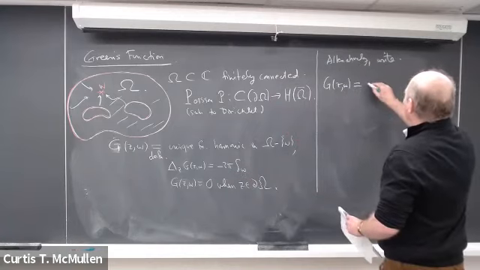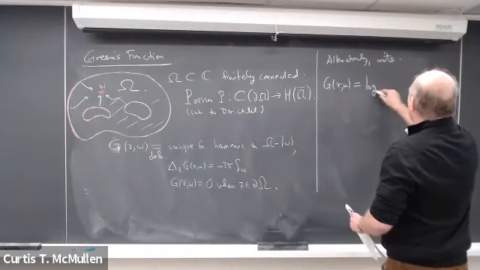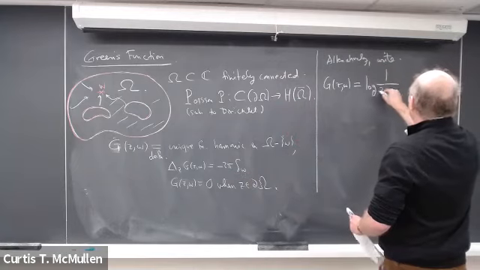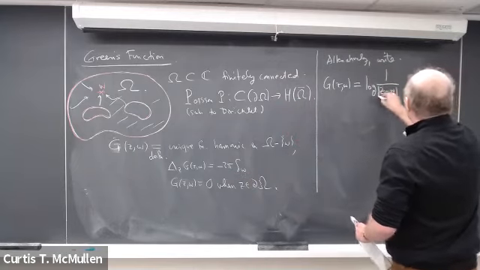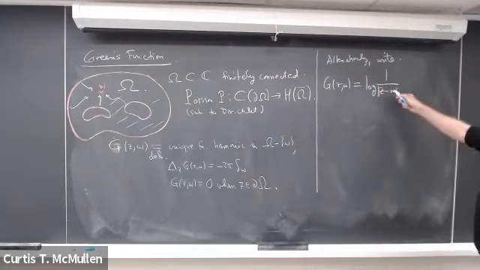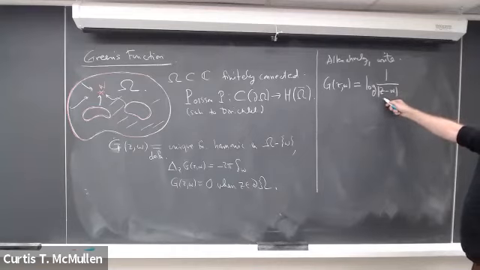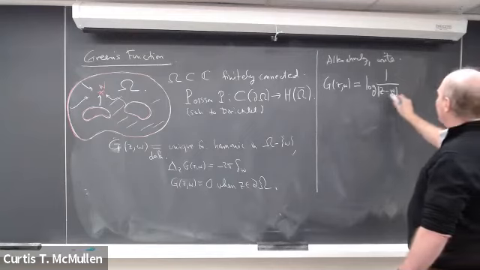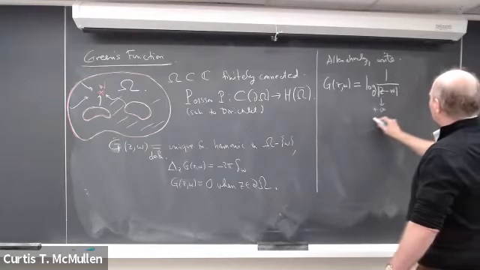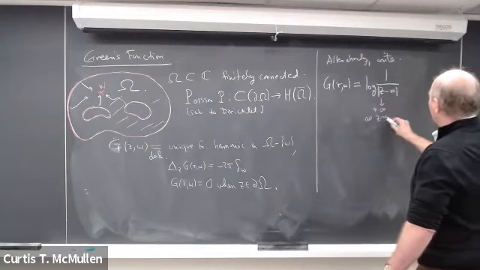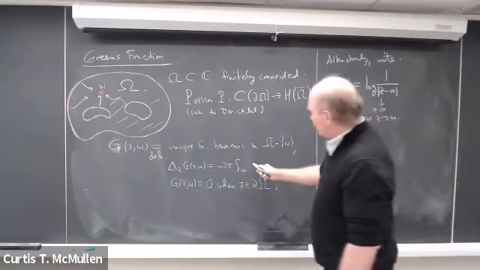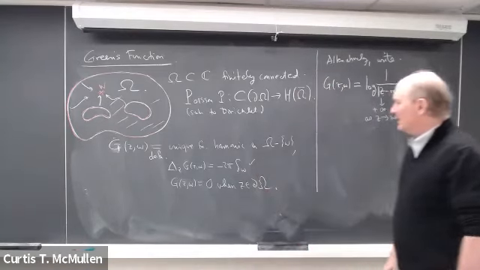So what we do is we just write G so that it behaves the way we want near the point W. So this function blows up, it goes to positive infinity at W, as Z goes to W. And so it solves this equation here.